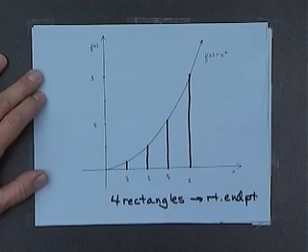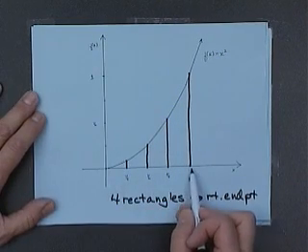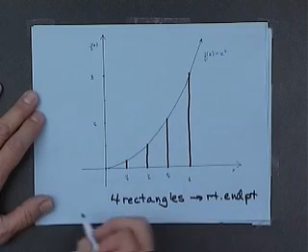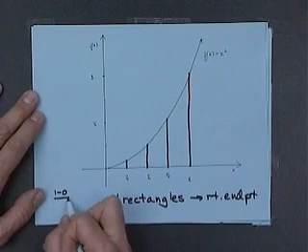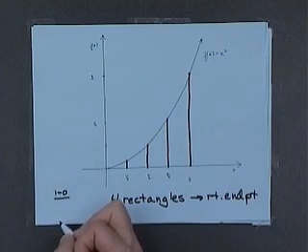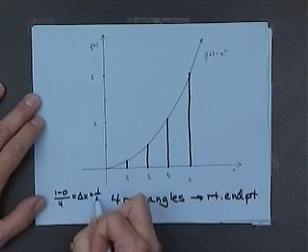What's the width of each one? Okay, it's easy this time because the total distance is 1 and we have 4 of them. So in general, it's going to be your right endpoint minus your left endpoint, all divided by the number of rectangles that you want to generate. So in this case, it's 1/4.